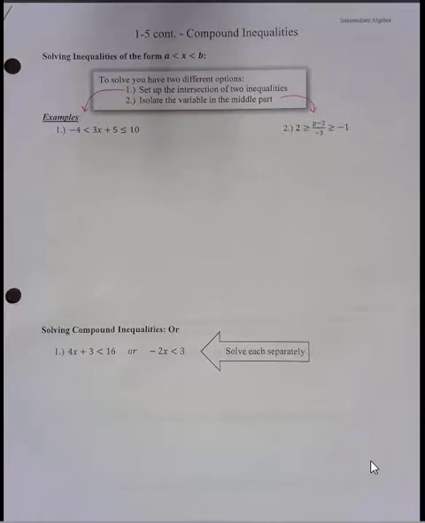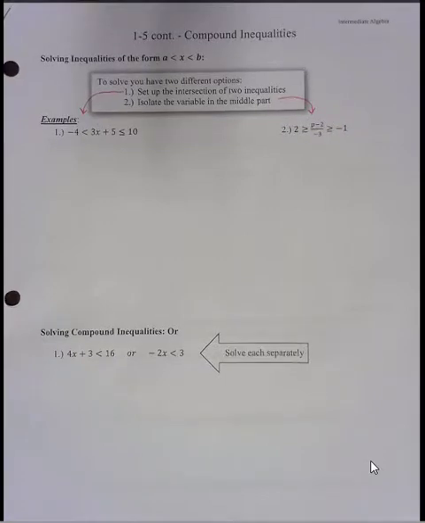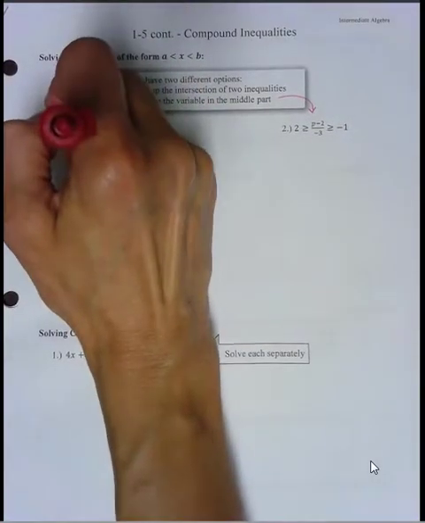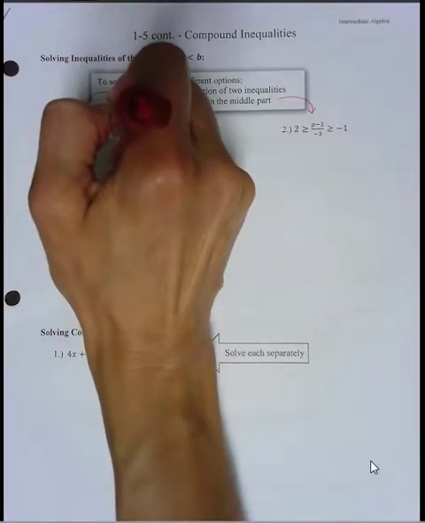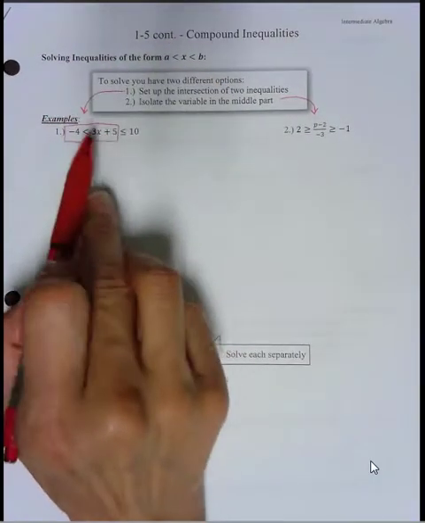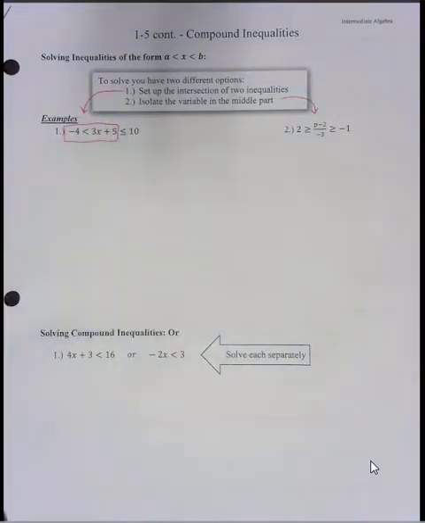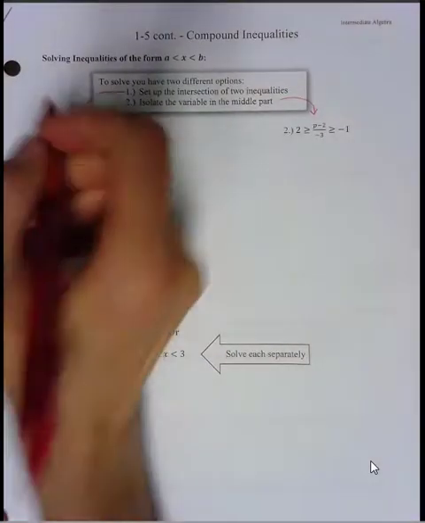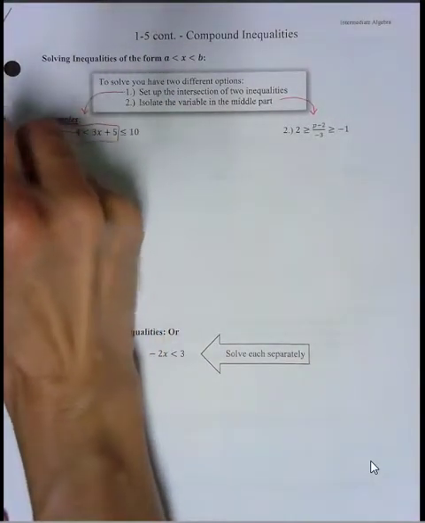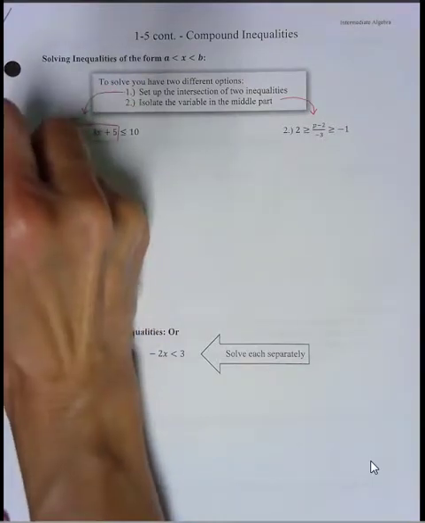Okay? So the first option is to set up the intersection of two inequalities. So basically what you would do is you would create two separate inequalities. So this would be the first one, because notice we do have two inequality symbols within the same problem. Okay, and so what you would do is you would go ahead and solve this one over here.